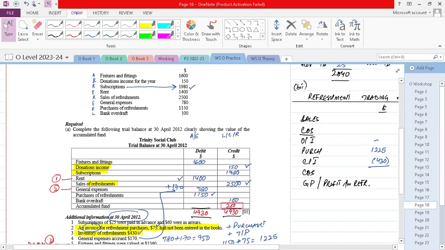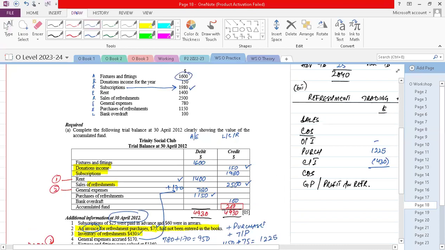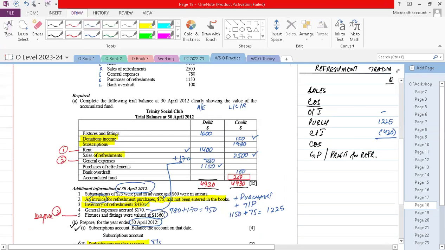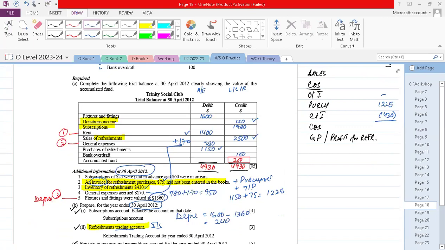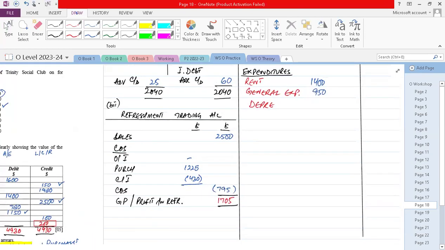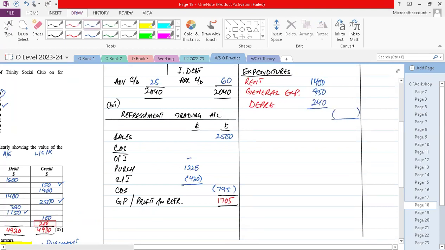Now work for depreciation. It was 1600 and now becomes 1360. Who will run the calculator? 240 is the depreciation. Opening value minus closing value will give you the depreciation expense.